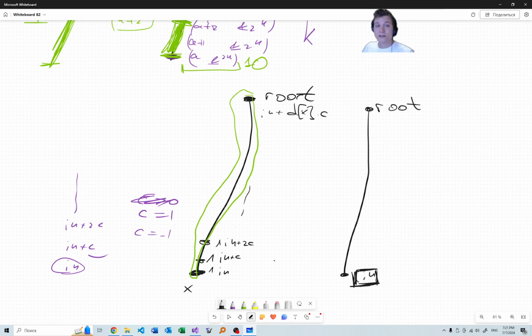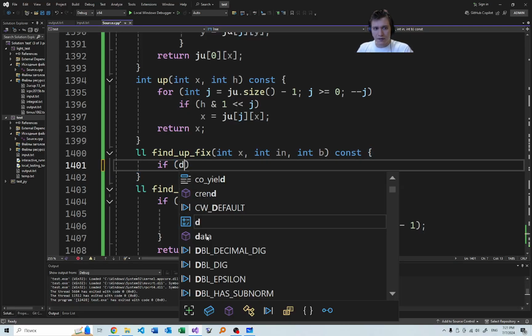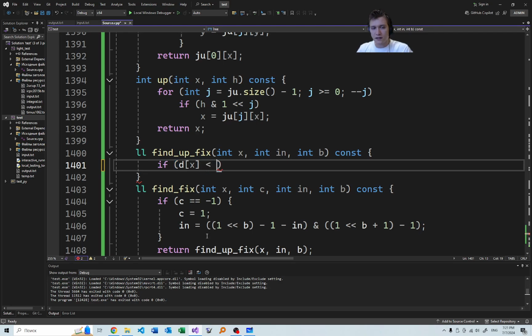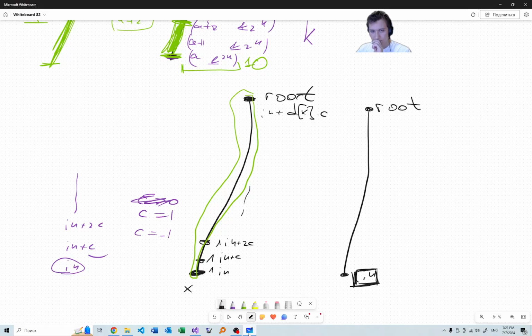Okay, what next? If depth of x is actually less than this number, then actually it's always 0.